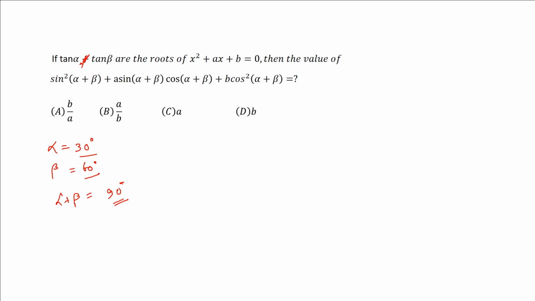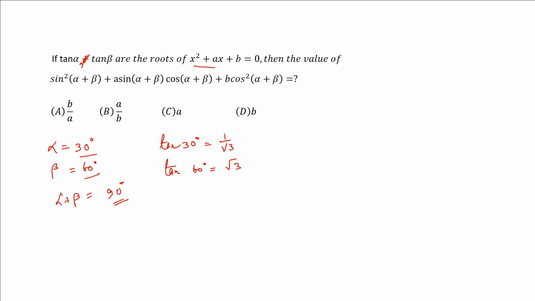So tan alpha, that is tan 30 degree, is equal to 1 by root 3, and tan 60 degree equal to root 3. So 1 by root 3 comma root 3 are the roots of this equation.